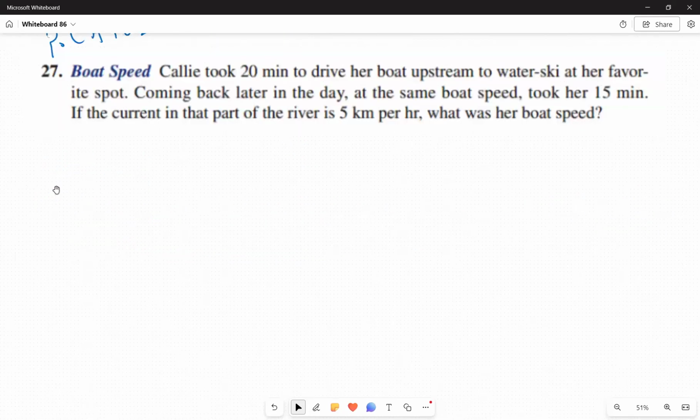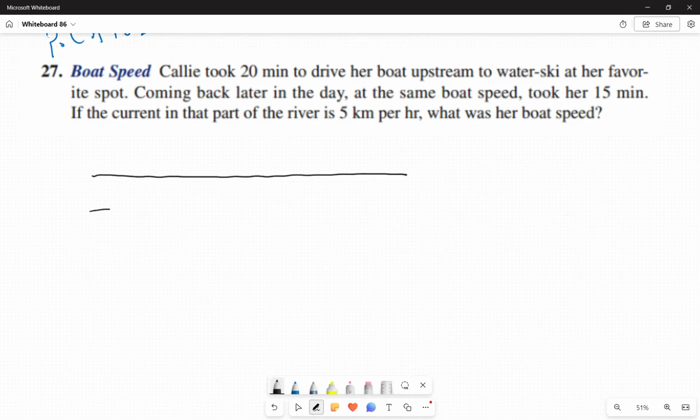So we're going to make a chart with distance, velocity, and time elapsed. Yeah, so we need to make a table. And we have two trips: the going trip and the returning trip.